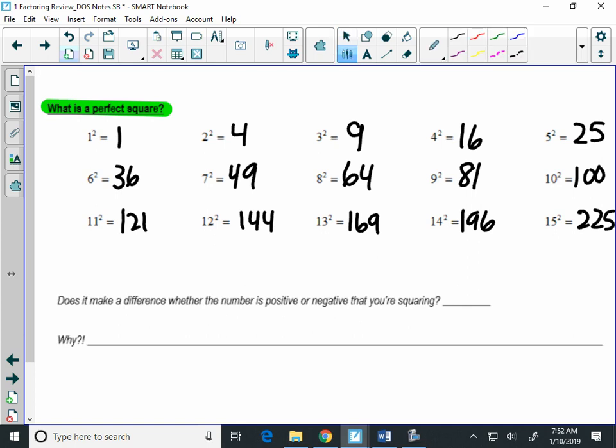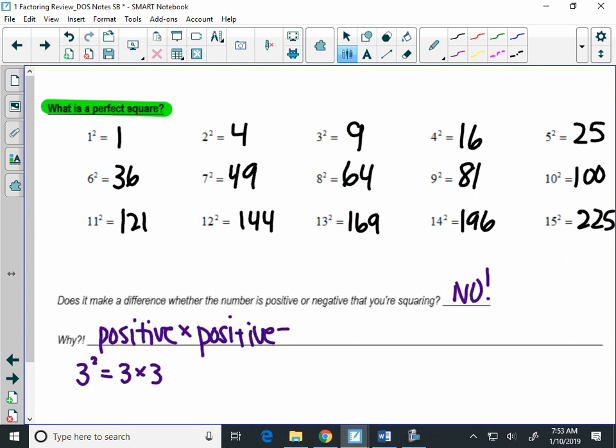Does it make a difference when a number is being squared if it's positive or negative? No. The reason is because when you square a number, you are taking that number times itself. So if you have a number like 3 squared, that's taking positive 3 times positive 3. And a positive times a positive gives you a positive.